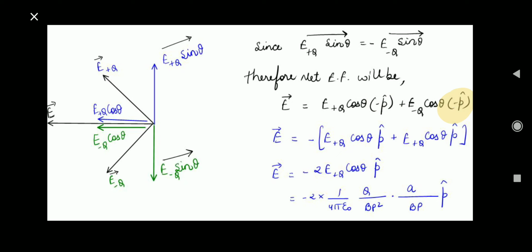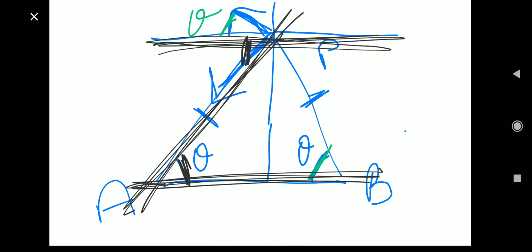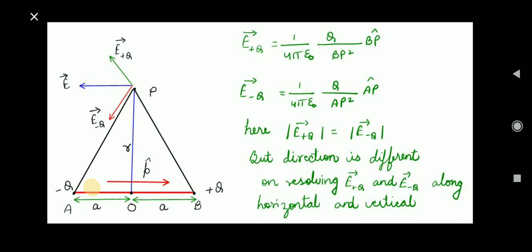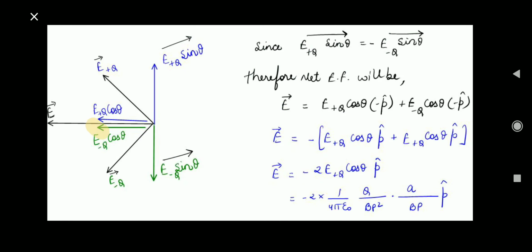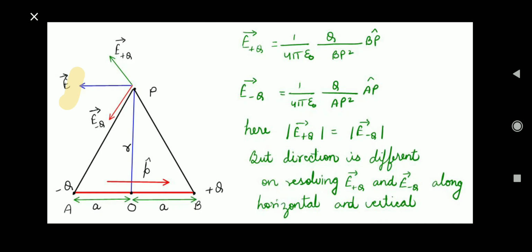Now why minus P cap? Let us understand this also. You have seen here that this was the direction of P cap, right? Then at point P, the direction of net electric field we have shown in this way, and we have seen that in the direction of net electric field only we have these cos theta components. That means the direction of E and the cos theta components will be same.